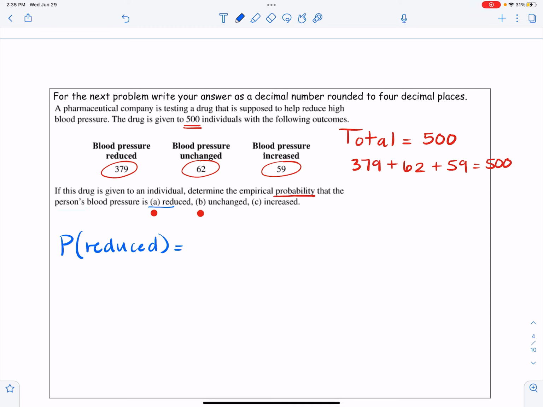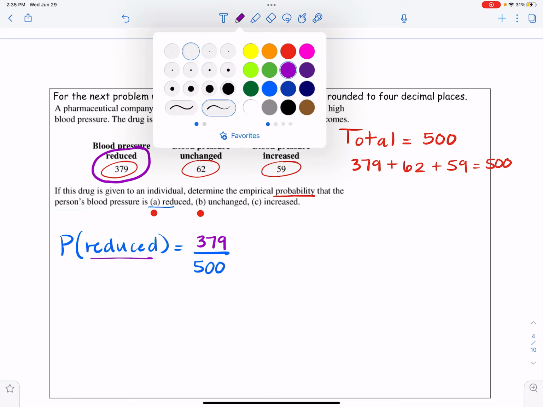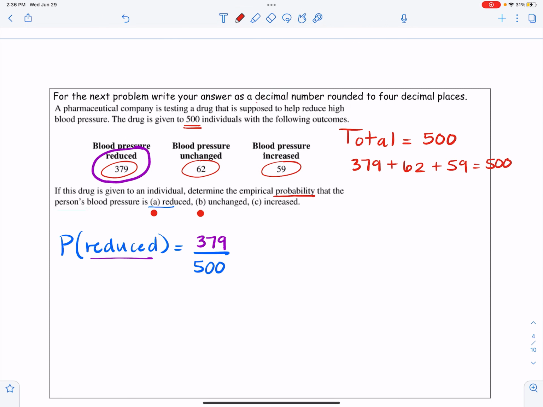Probability says set up our ratio, total goes on the bottom, and then the one I want to look at here is that it was reduced, that's right here. So the number of times that occurred was 379, and this one tells me to report my answer as a decimal rounded to 4 places.